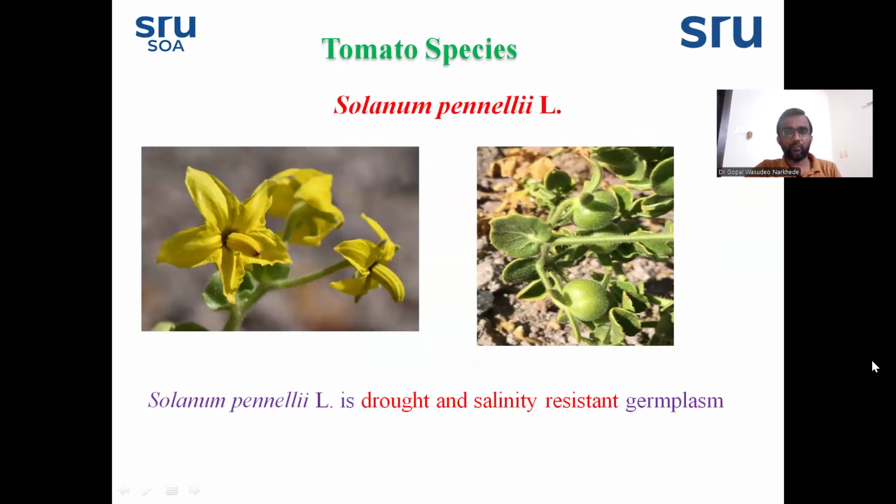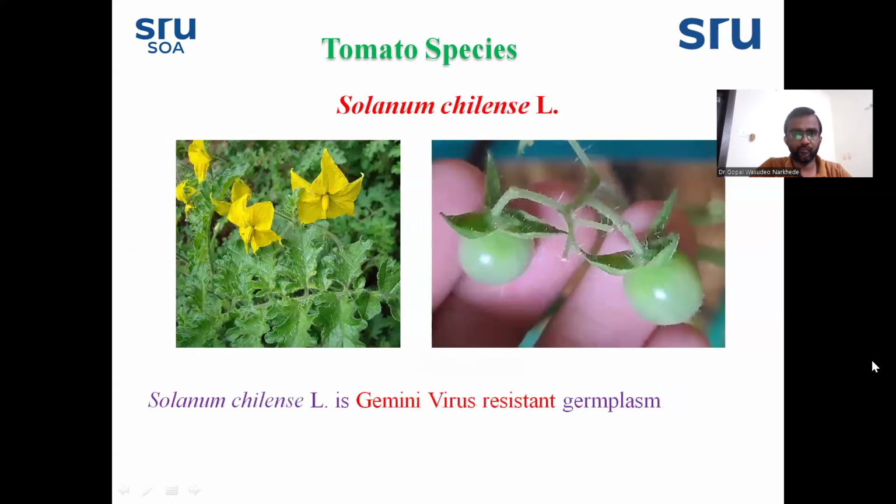The next is Solanum pennellii. This Solanum pennellii is a drought and salinity resistant wild germplasm. So in tomato also, like chilli, a large amount of diversity is present. Then Solanum chilense, which is a Gemini virus resistant wild germplasm.